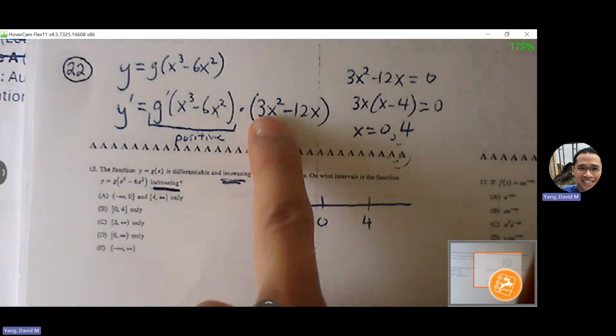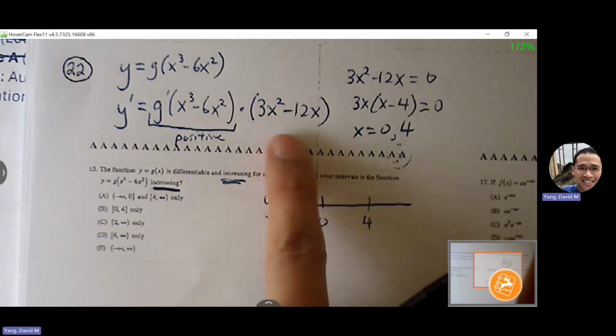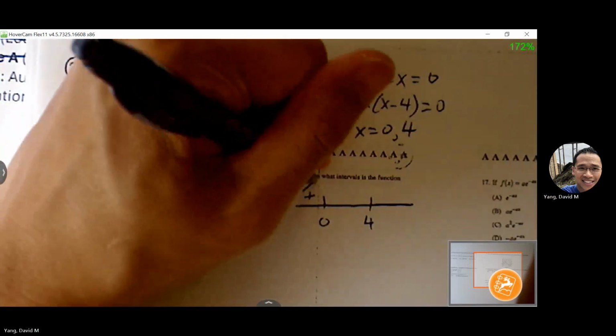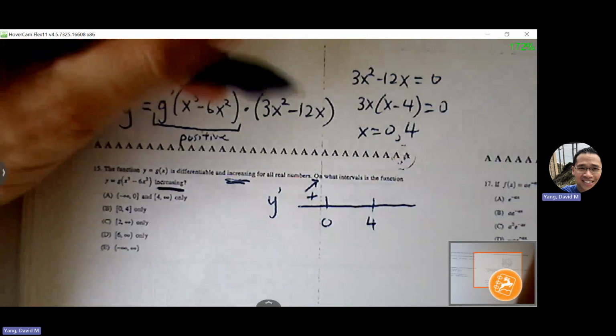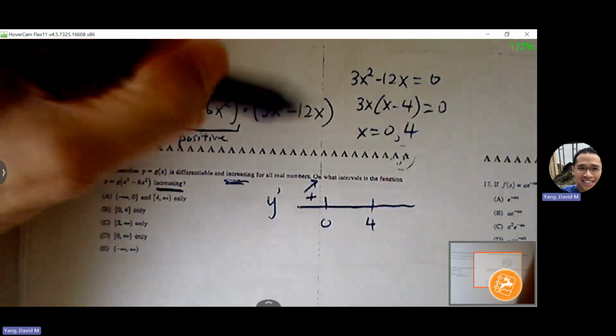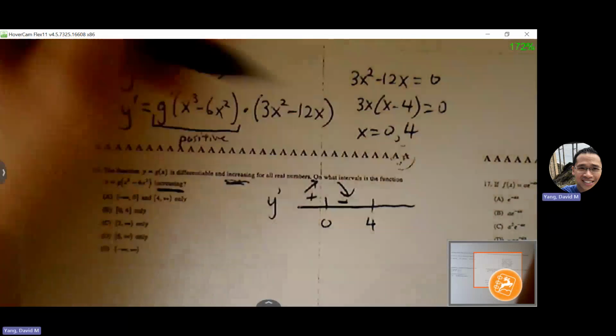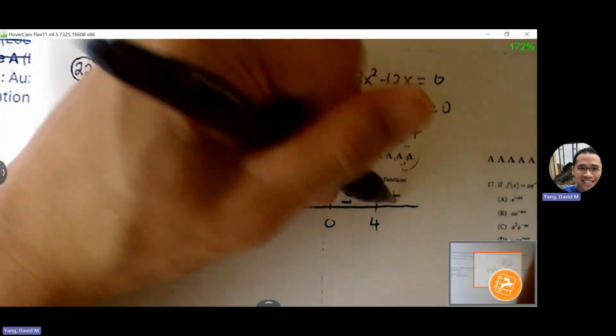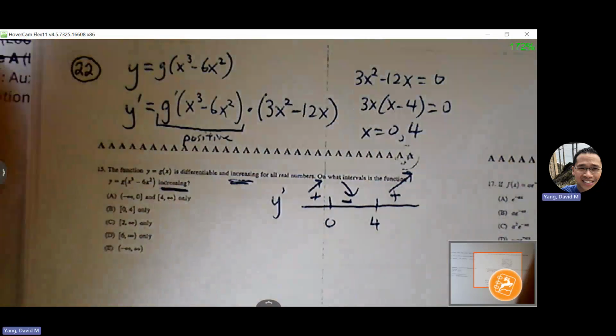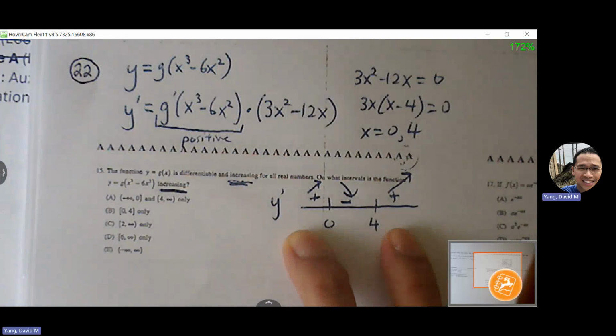I can plug -1 in. Sorry, -1 will give me a positive value. Don't have to worry about this, just have to worry about this 3x squared minus 12x. Plug 1 in, 3 minus 12 is negative. Plug 5 in, I'm going to get a positive value. So my graph is going to be increasing in these two intervals, -infinity to 0, and then from 4 to infinity.